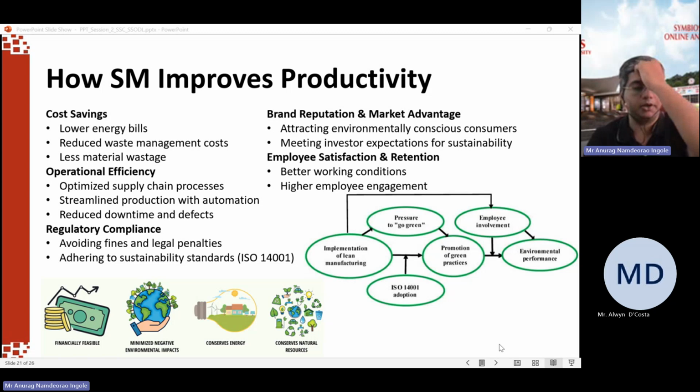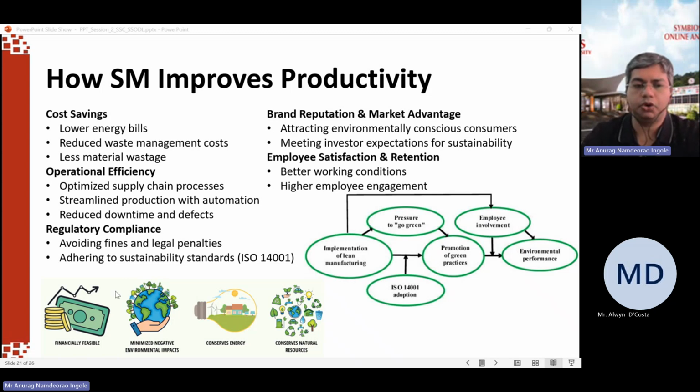Having sustainable manufacturing, having sustainable operations, that is part of that. So there are some figures here which give some techniques you can use, like implementation of lean, pressure to go green, promoting green practices, employee involvement, environmental performance, ISO 14001 adoption, etc., which will help you move towards transforming your existing operations into sustainable operations or sustainable manufacturing.